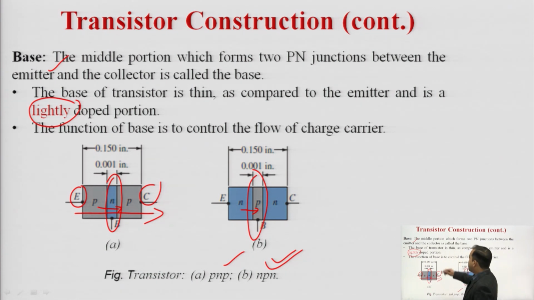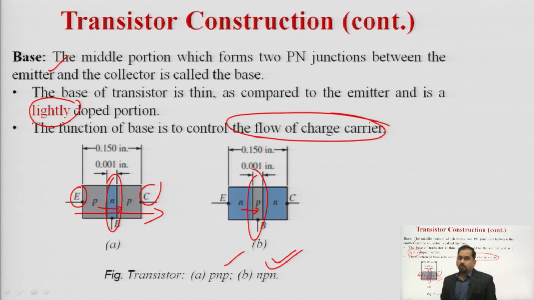And the function of the base is to control the flow of charge carriers. This is the advantage of a 3 terminal device over a 2 terminal device, that we can control the flow between 2 terminals with the help of, let us say, a 3rd terminal. But in the diode we do not have this choice, because the diode is a 2 terminal device. So we cannot control the flow of electrons between the P and N region.